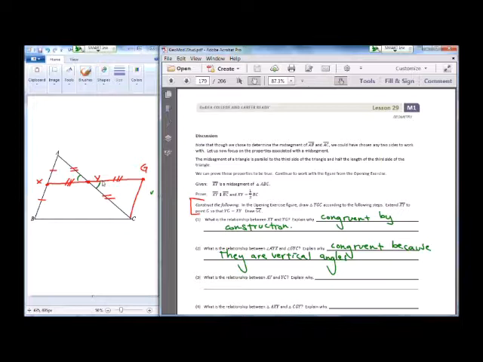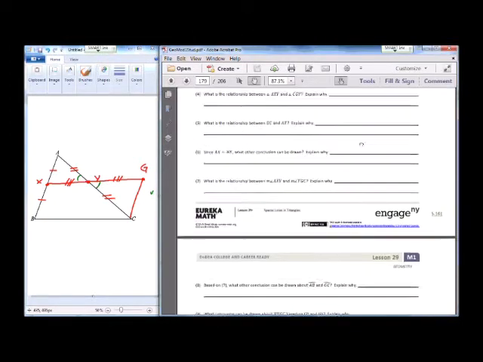Well, they're congruent because Y is the midpoint of AC. Okay, number four, we are looking at this triangle right here and this triangle right here and saying, I have side, angle, side, side, angle, side. They must be congruent by side, angle, side.